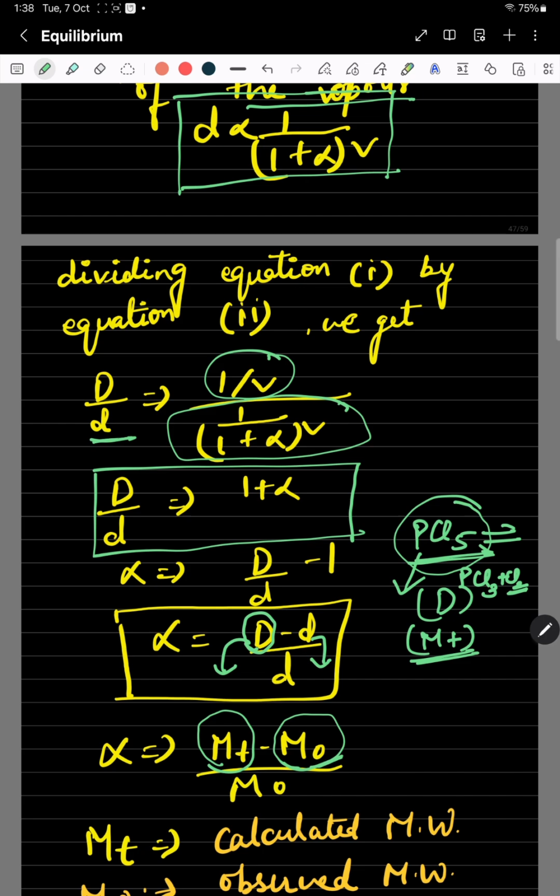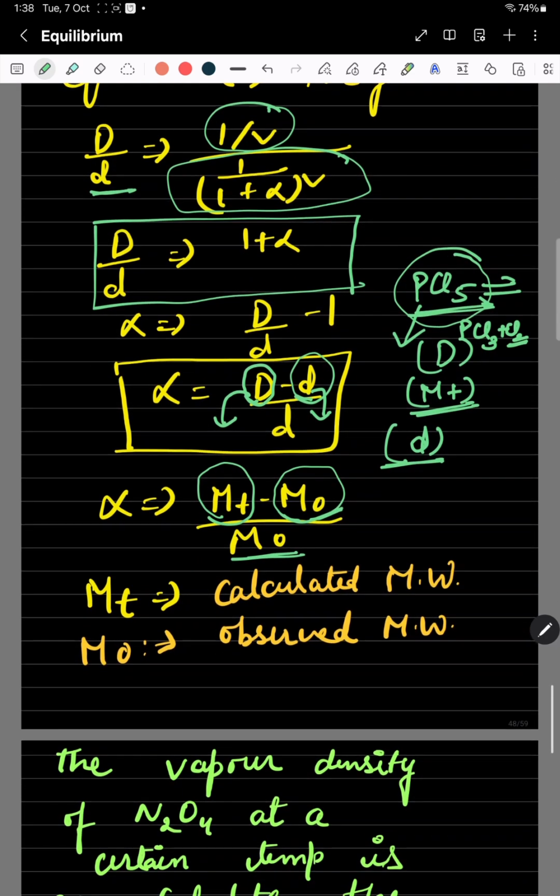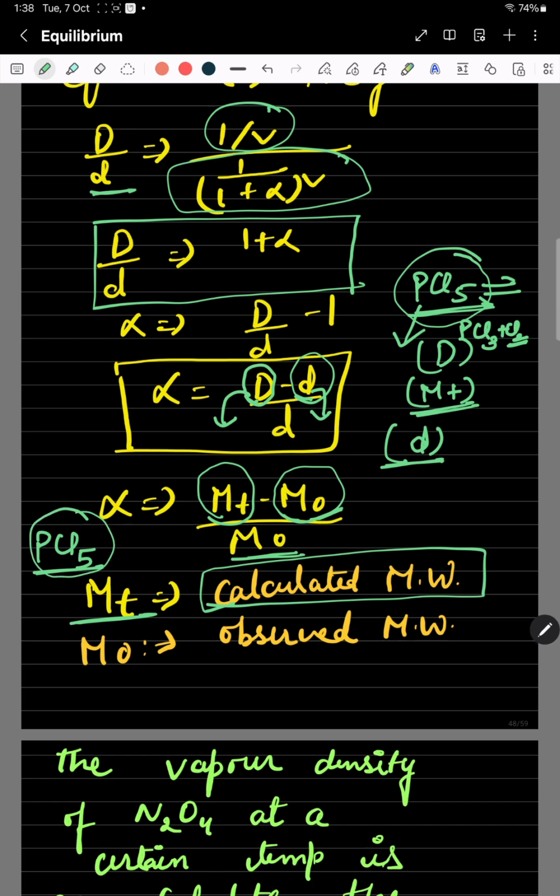After the dissociation, the vapor density is expressed by small d, with observed molecular mass M0 upon M0. The calculated molecular weight of PCl5 can easily be found from atomic masses.